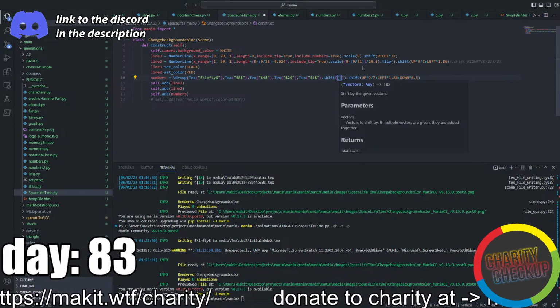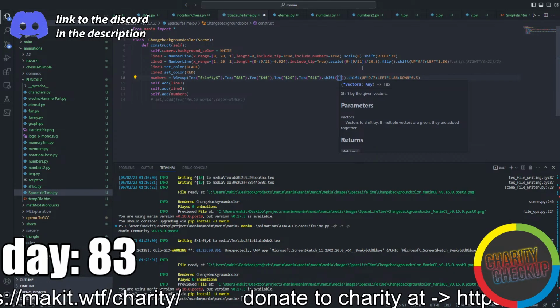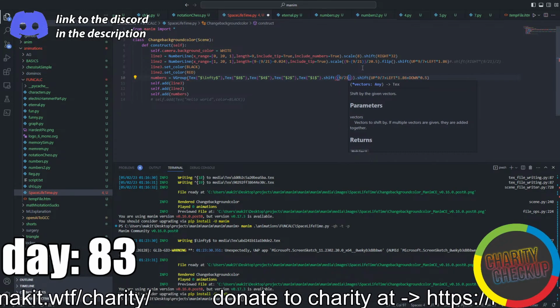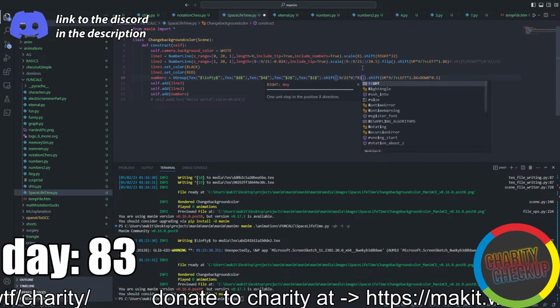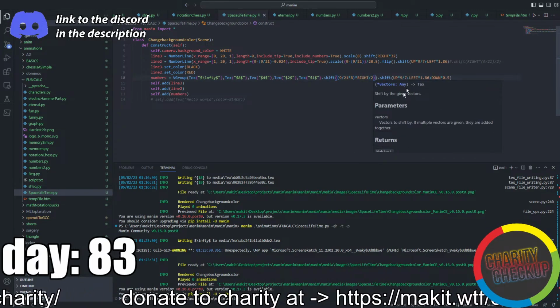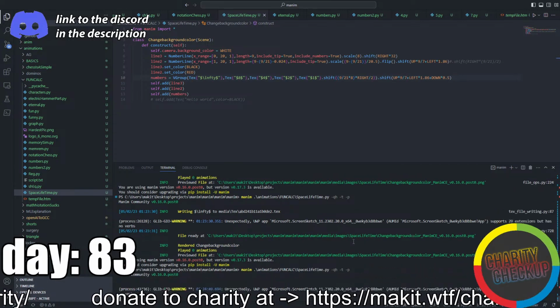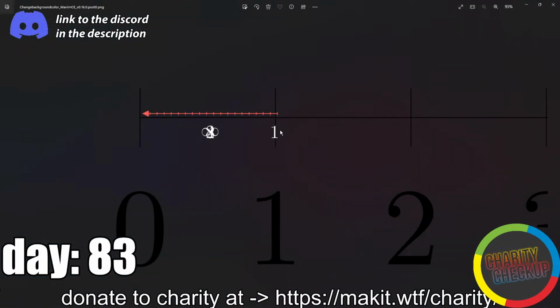Wait, that's the length of the entire thing is 9 divided by 20. Yeah, so 9 divided by 21 times 8 times right divided by 2. Let's see. Yes! Oh, math.